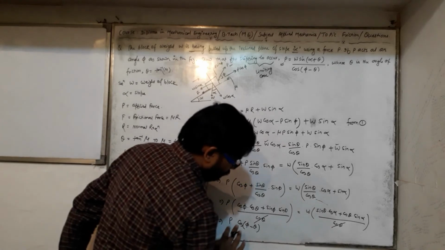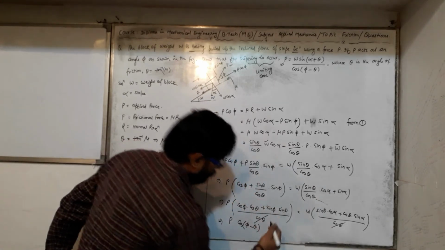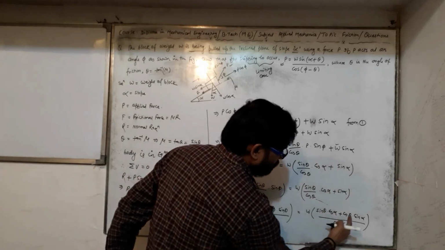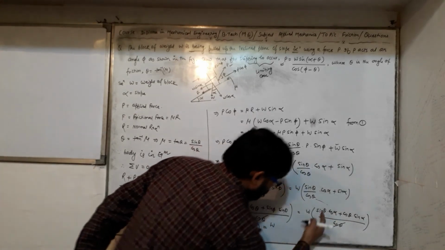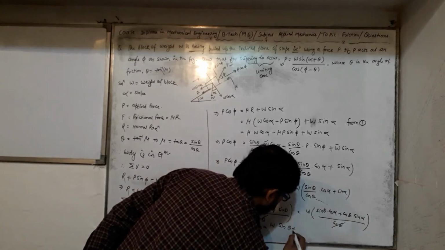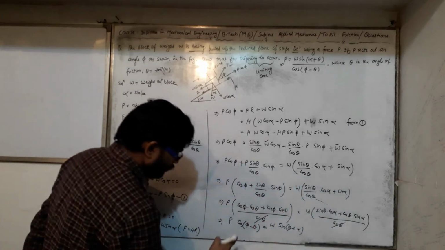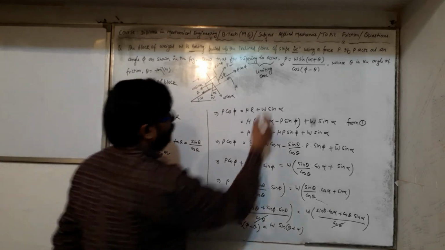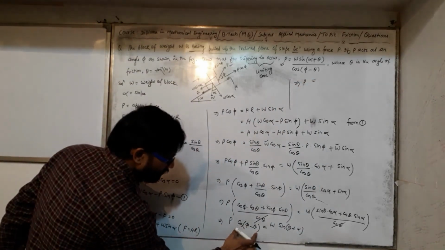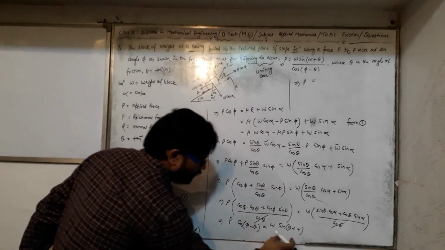Okay, now, equals W times sin A cos B plus cos A sin B. Sin A plus B means sin theta plus alpha. So if I am saying P equals, this term is multiplied, and if I am transposing, then it will be divided.